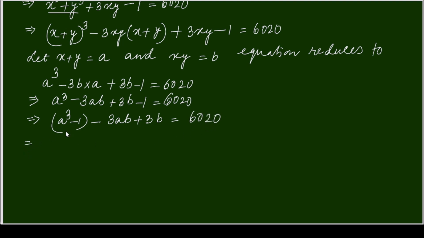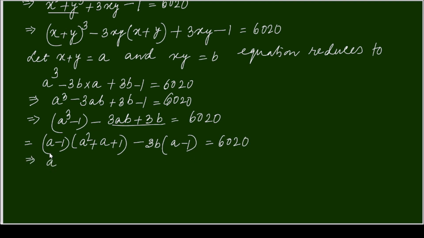Now taking a³ minus 1, a factor, that will be (a minus 1)(a² + a + 1), and from these two I'll take minus 3b common, so that I'll get (a minus 1) equals to 6020.